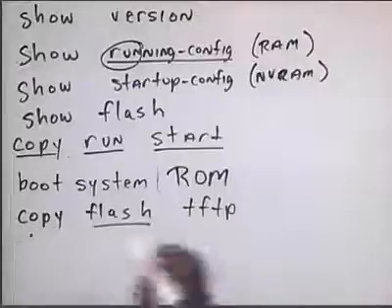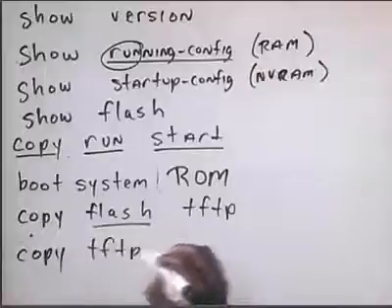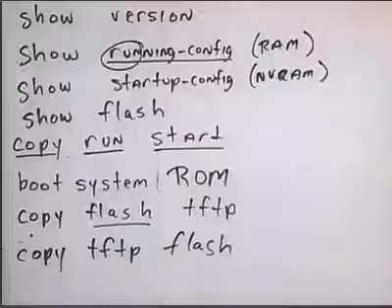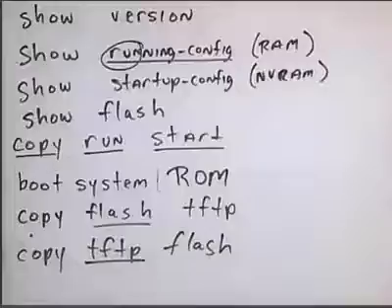In order to upgrade your IOS image, you would use the copy tftp flash command. And then you'll indicate the IOS image that's located on the TFTP server. Then you'll indicate the IP address of the TFTP server along with the IOS image file name.